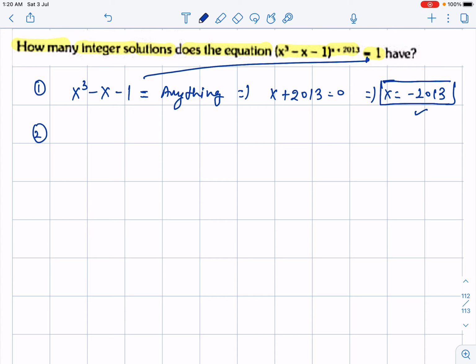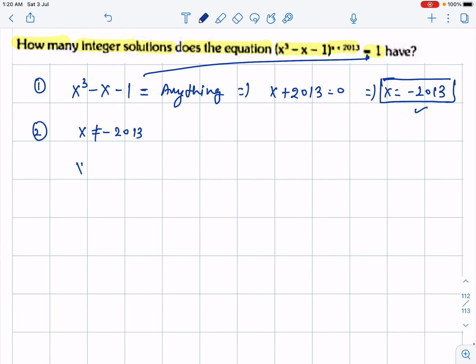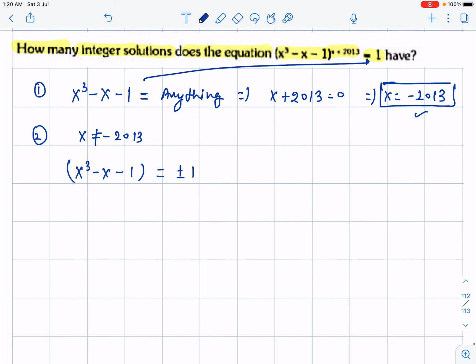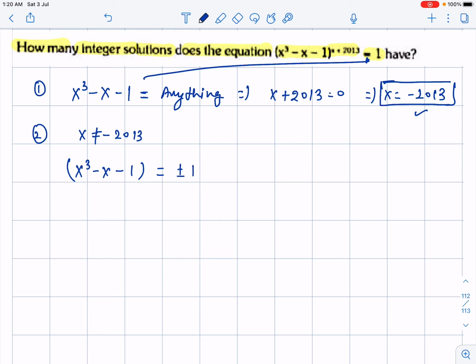Now case 2 I'll be considering when x is not equal to minus 2013. That means what will be the value of x over here? I'll be going to assume that x cube minus x minus 1 is plus 1 or minus 1. So guys, if it will be plus 1, 1 to the power anything is 1 only we are knowing.